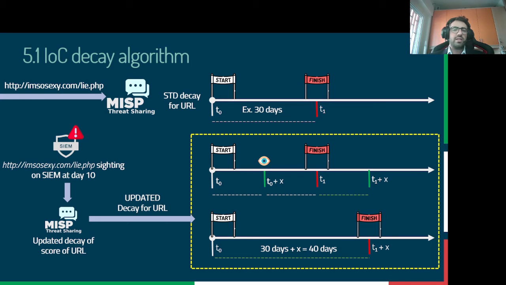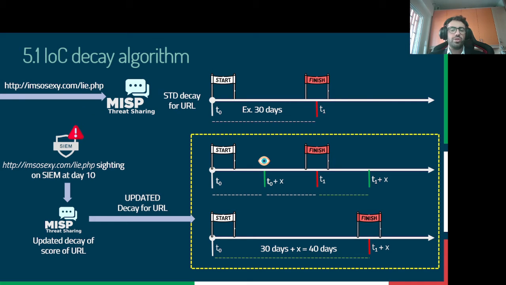Looking at the timeline, at time t0 we load the URL into MISP. At time t0 plus x is the time it took before being sighted. T1 is the old decay time. At T1 plus x is the updated decay time.